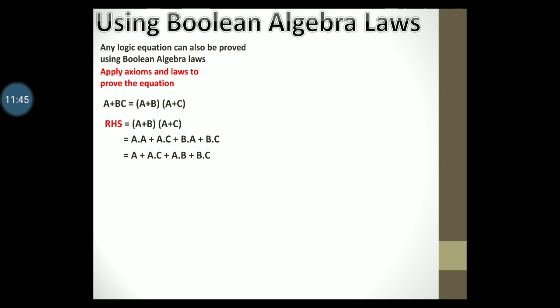Clearly notice that A dot A is replaced with A and B dot A is written as A dot B. This can be done because of the following laws. The idempotence law states that A dot A is equal to A. And the law of commutativity says that B dot A can be written as A dot B. Now I will simplify this equation further by pulling out A as common.